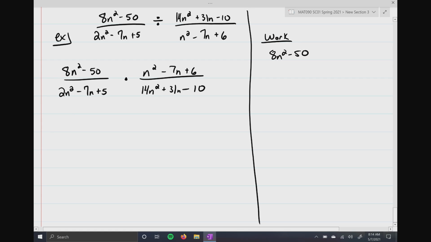And the first one I have is the 8n squared minus 50. So, first thing, I look for a GCF. We have one. It's a what? Excellent. A 2. So that gives me 4n squared minus 25. Now, am I done?